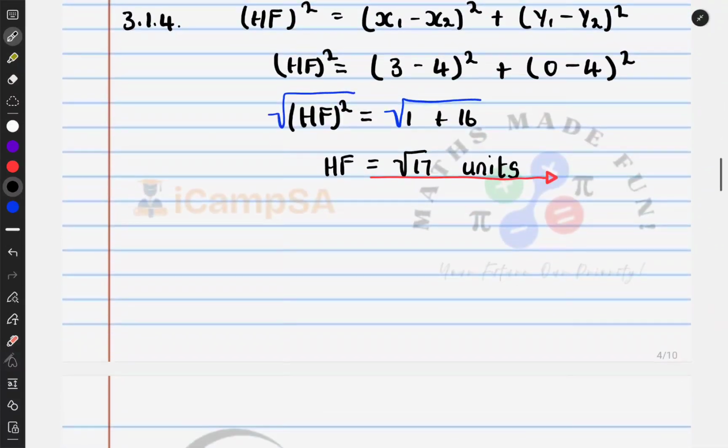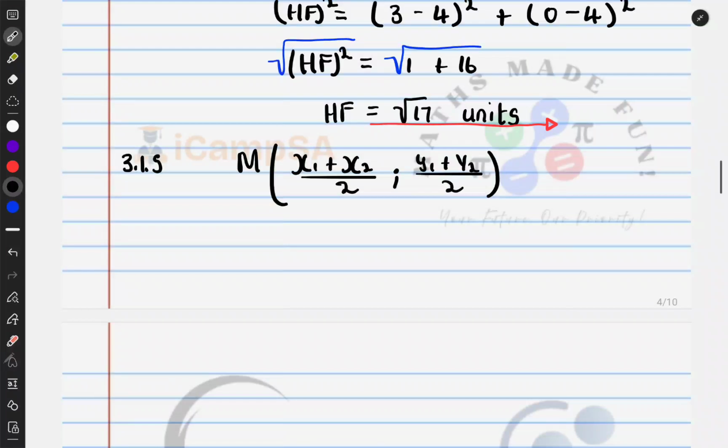This is 3.1.5. We are asked to calculate the midpoint M of HS. So let me just say M, since we're calculating the coordinates. It's going to be (x1 plus x2 divided by 2, y1 plus y2 divided by 2).